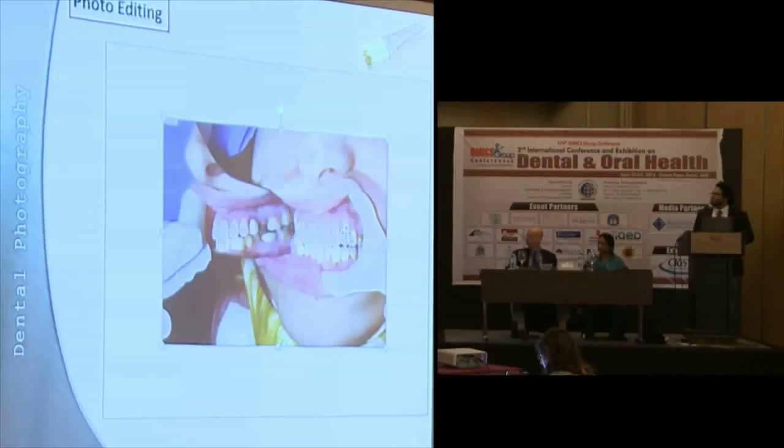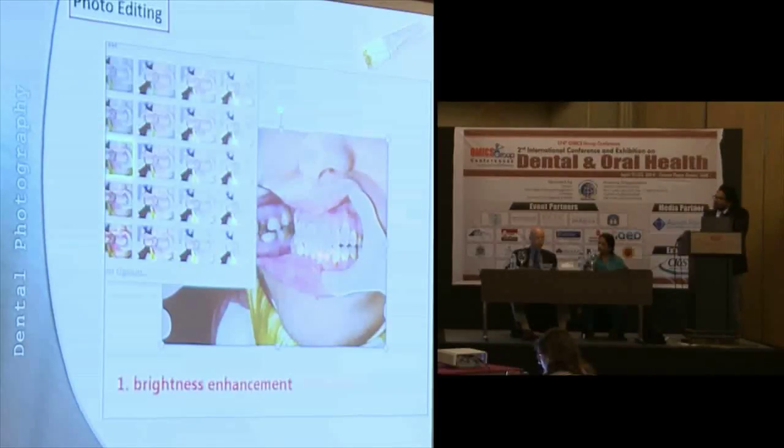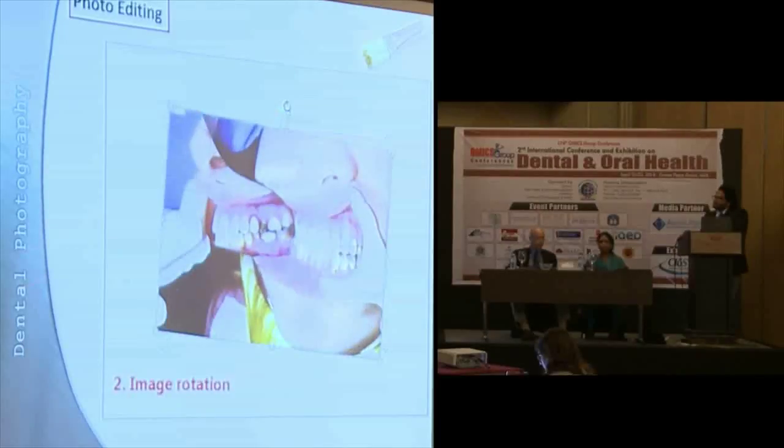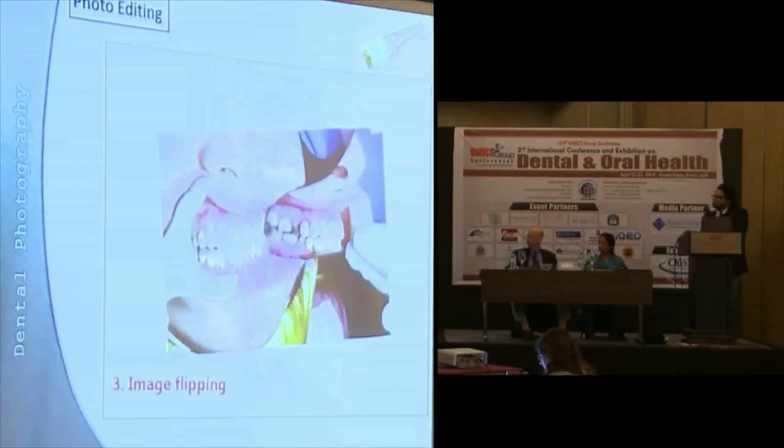Okay, that's a video for the editing. Now we are doing the brightness modification, the preferable one, number 1. Then fixing the image rotation. Of course, that's the area that we want here on the mirror. Image flipping.